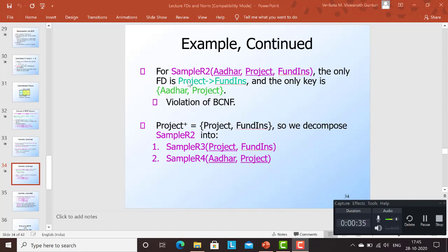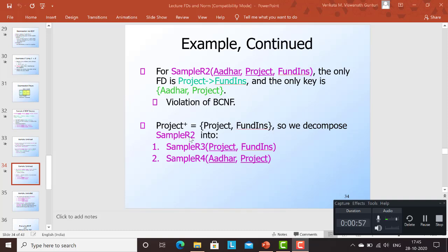So the left side is not a super key. Now the same process repeats. You pick the left side of this FD and compute the closure. It trivially gets project and funding institution.